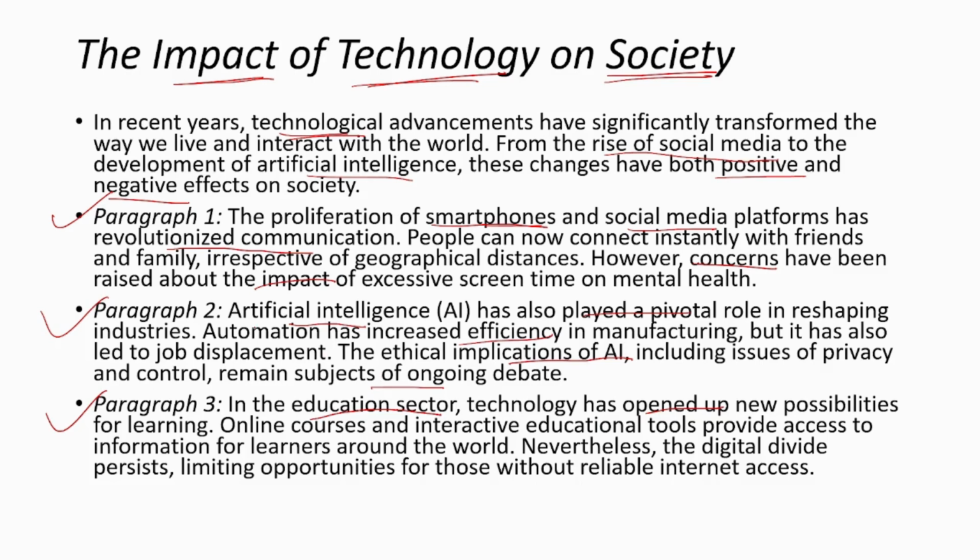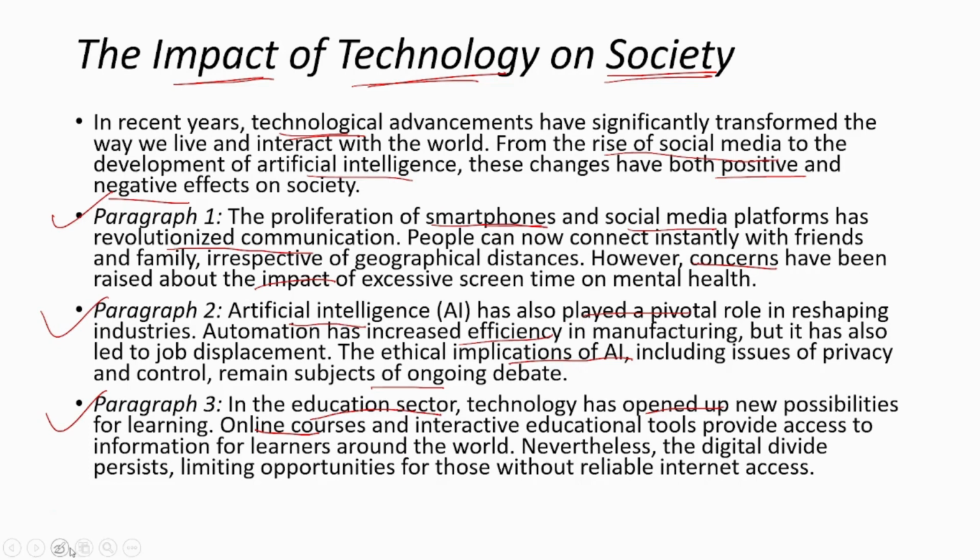It also tells you about online courses. As we can all see, you are able to learn only because of online courses and digitalization. It also mentions interactive educational tools, and you can gain different opportunities over here.